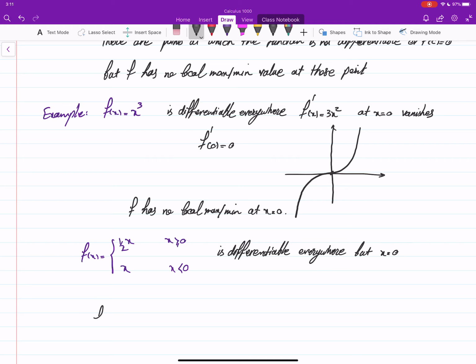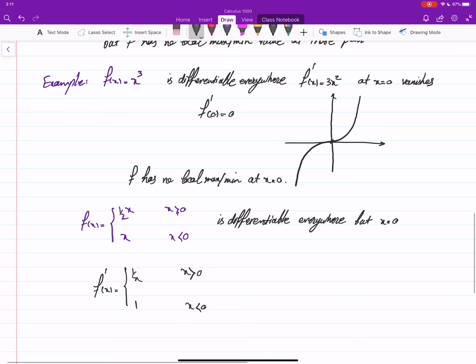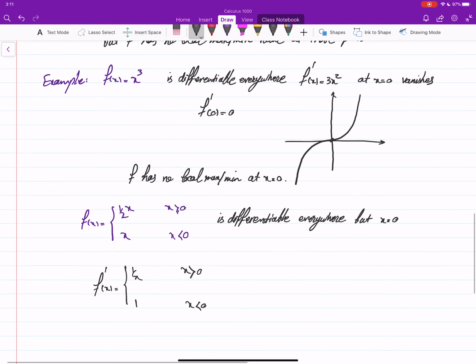And indeed, we have f prime of x is half when x is strictly bigger than 0. At x less than 0, it is 1. At 0, it is not defined. So the point 0 has the property that the function is not differentiable.